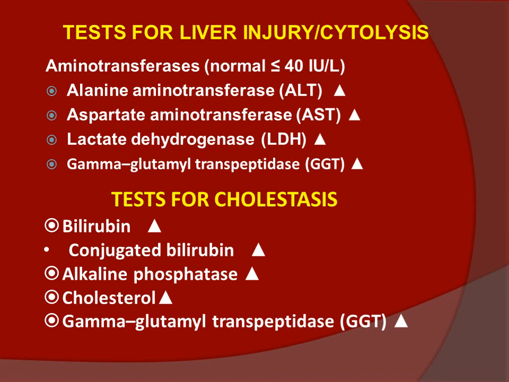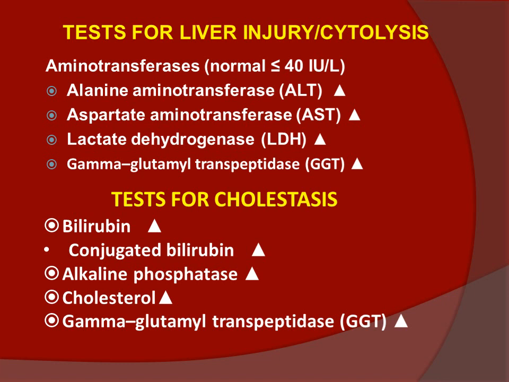The most useful laboratory tests to screen for liver disorders are subdivided into the following groups. The first one is the group of biochemical tests for detecting the hepatocellular injury. Alanine aminotransferase, ALT, and aspartate aminotransferase, AST, leak from damaged cells.